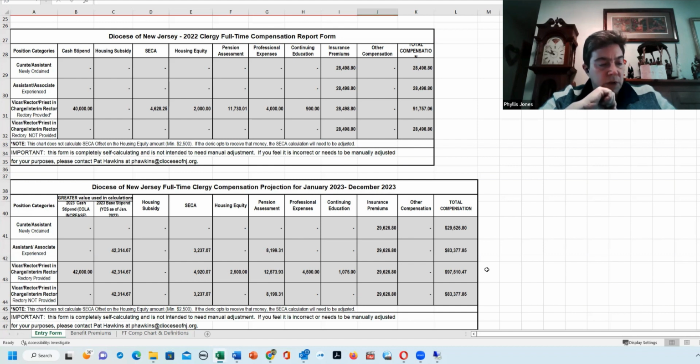Yours is a somewhat unique situation. So either you could fill out a part-time clergy compensation report and include the fair rental value of the rectory and the utilities as the components of the compensation that you're paying for the priest, as well as any share of the pension and SECA responsibility that you might have, and have the other congregation report the cash portion of his compensation, as well as their share of SECA and pension.